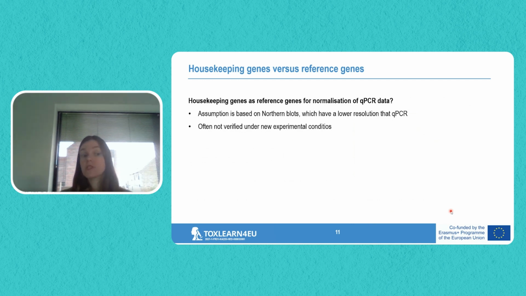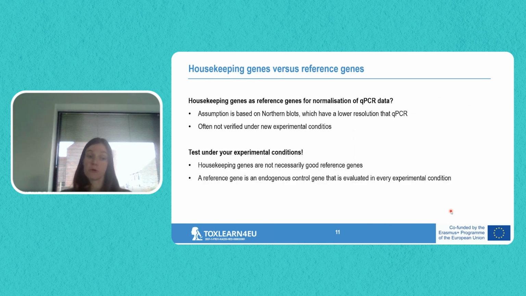However, housekeeping genes still might be good reference genes, but in that case, it's very important to verify that their expression is indeed stable under new experimental conditions. But this is something that researchers often do not do. So they will just assume that a certain housekeeping gene is a good reference gene, and they will just use it for data normalization without checking whether it actually is a good reference gene.